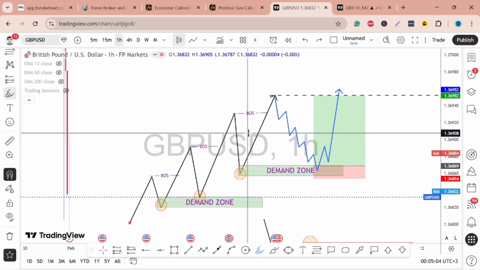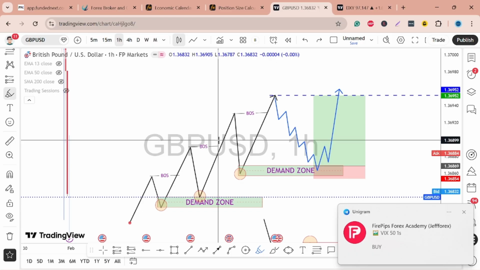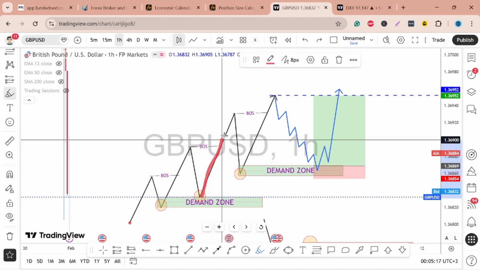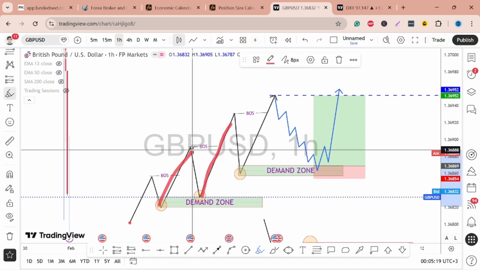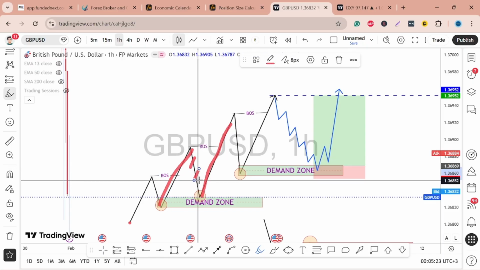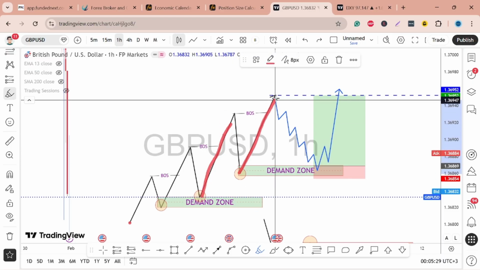As a swing trader, or rather a trend trader, you want to participate in the market when it is making the impulse move, not the corrective move, because the corrective move is unpredictable, sometimes slow, and also choppy. So you always want to participate when the market is making the impulse move.